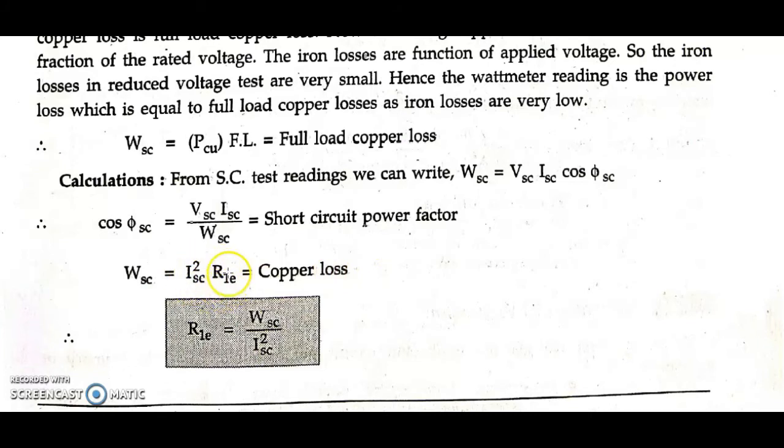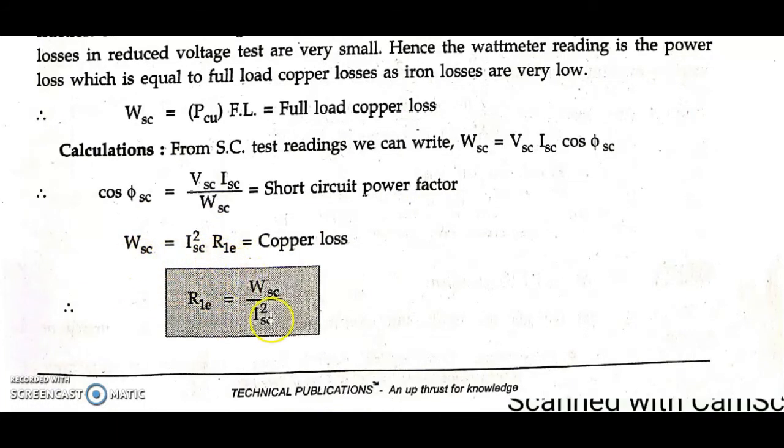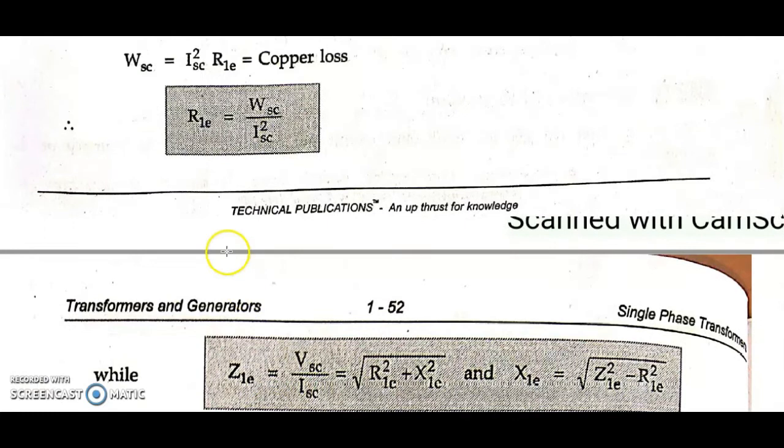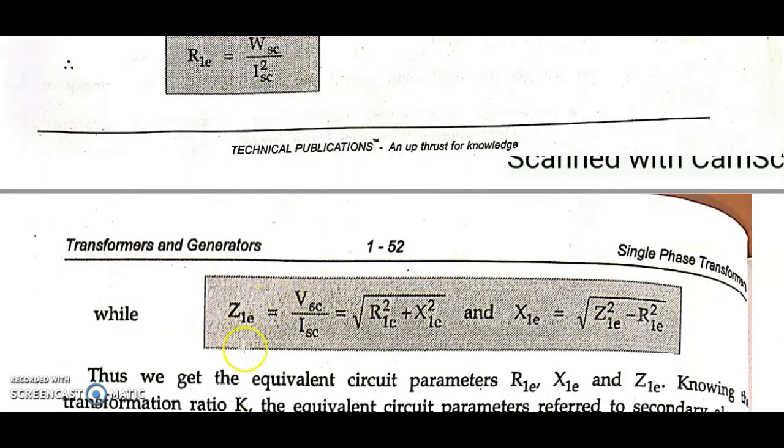The equivalent circuit here is referred to the primary, so R1E means all the secondary side parameters are transferred to the primary side. So WSC reads the copper loss, I square SC R1E. Again, R1E is given by WSC divided by I square SC.